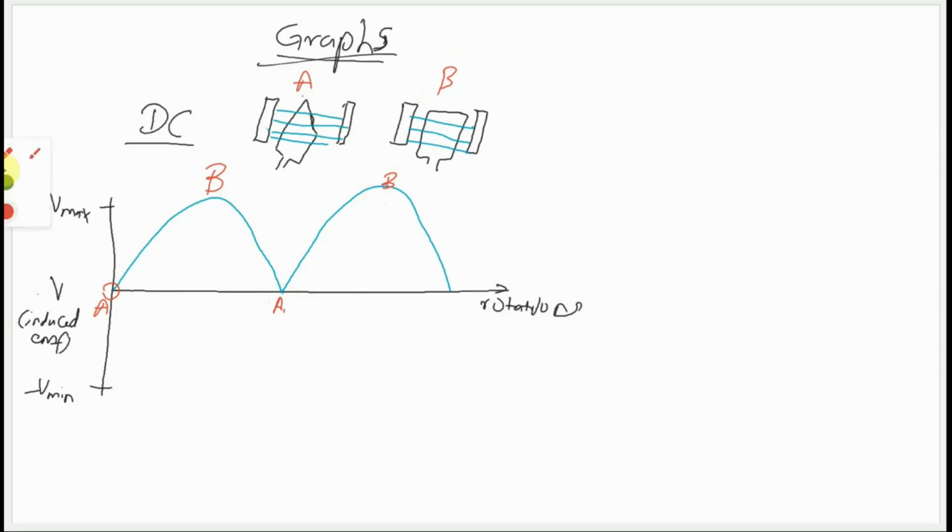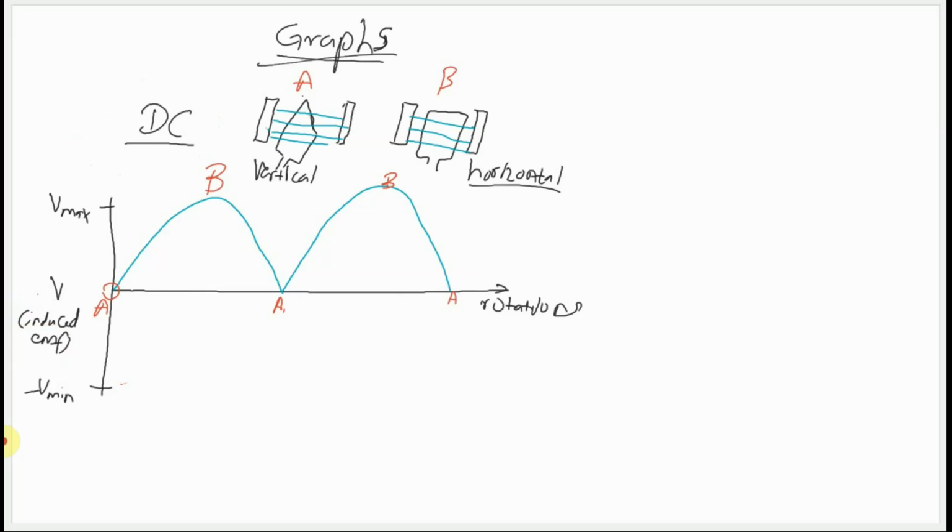So you can see that the position of the wire across the magnetic field determines the induced EMF in a DC current.